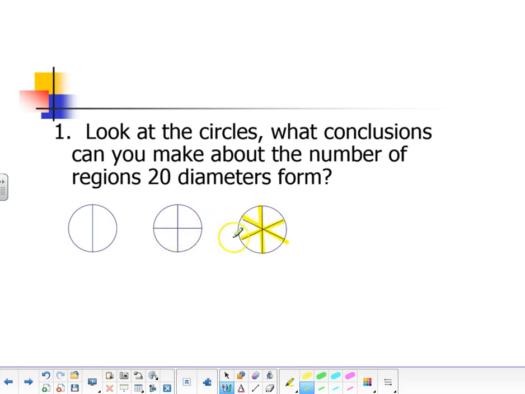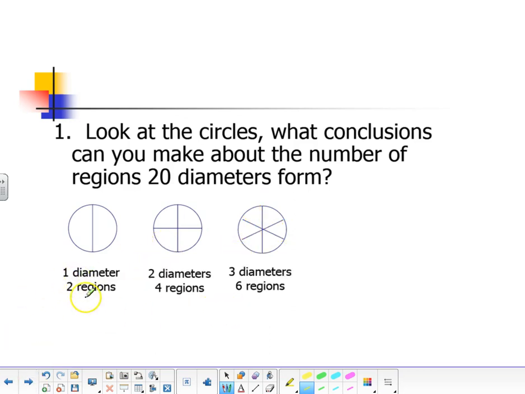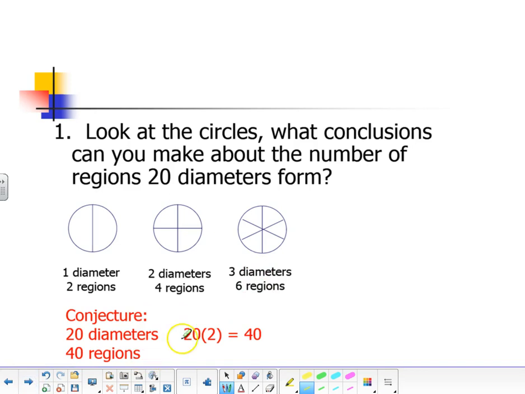So every time it looks like there's 1, 2, 3, 4, 5, 6, 3 times 2 is 6, it looks like we're doubling that. So 1 diameter, 2 regions, 2 diameters, 4 regions, 3 diameters, 6 regions. So we could make the conjecture that 20 diameters would give us 40 regions of the circle. All right, so that's inductive reasoning.